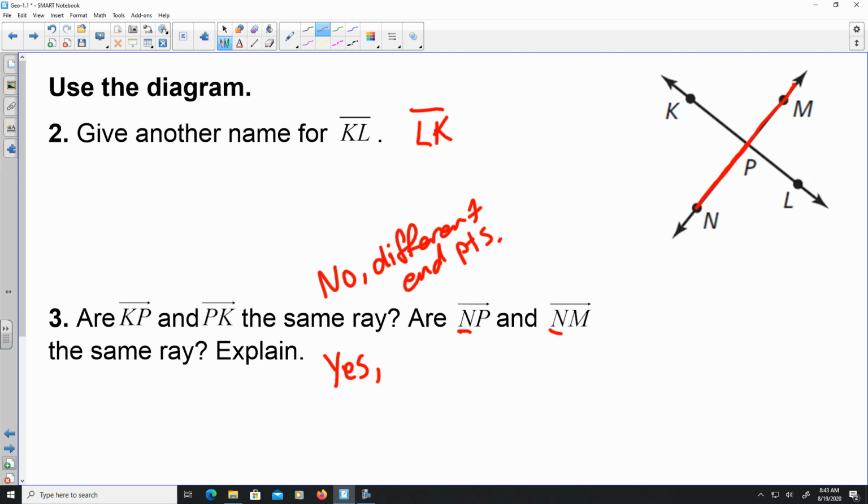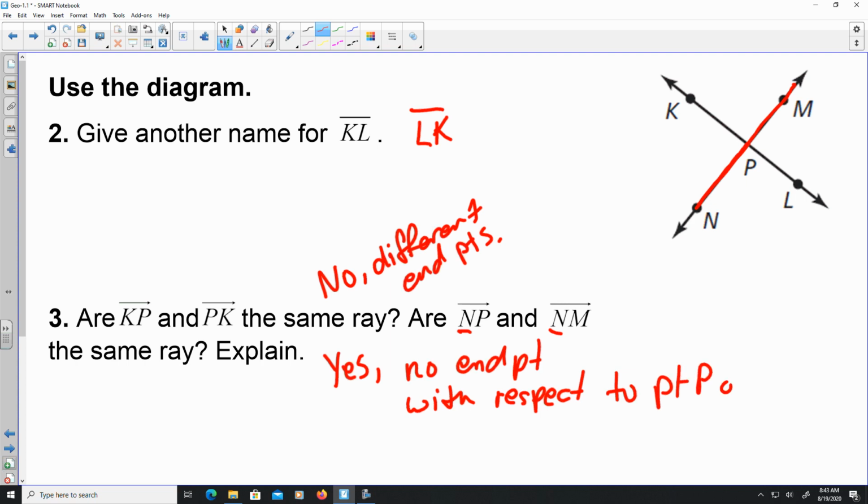So there's no ending point with respect to point P or point M.